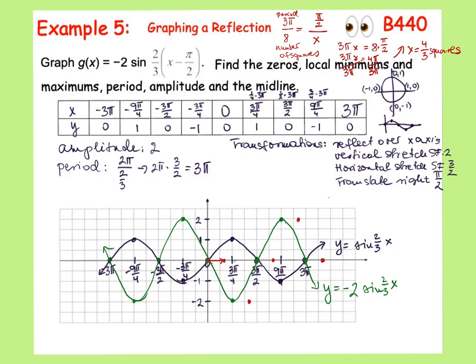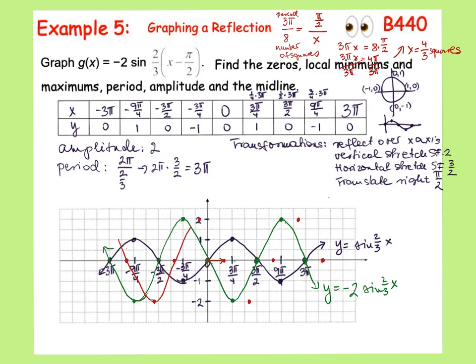So I am going to go to the left side, and again I move every point on the graph 1 1/3 squares to the right. So 1 1/3 and 1 1/3. So now I can actually create my graph.